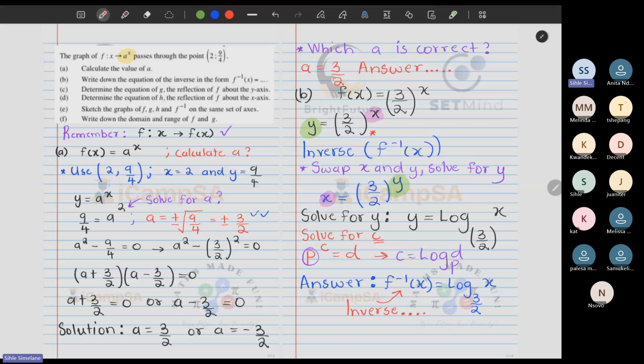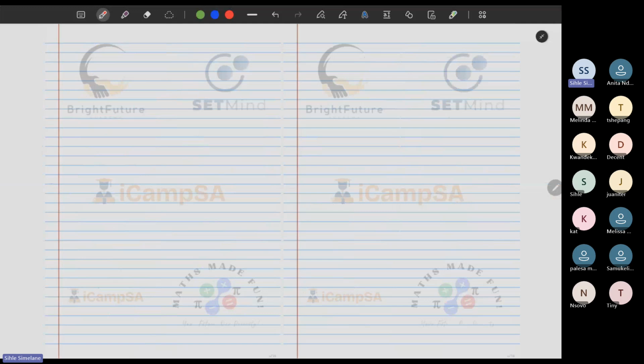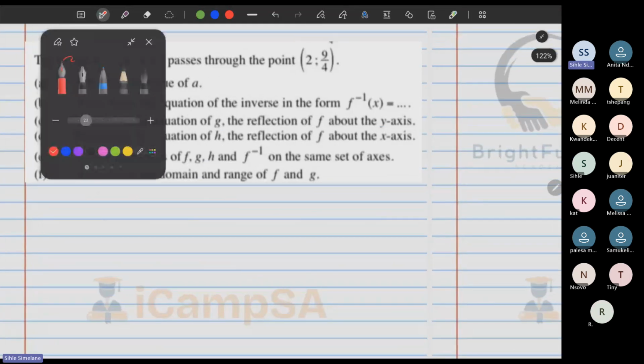What we need to go and worry about is reflections. So you guys need to remember your fundamentals of reflections. Okay? When they say a function is reflected about the x-axis, what do they mean? The y-axis, what do they mean? So let's go and have a look at our reflections. So we're looking at C now.